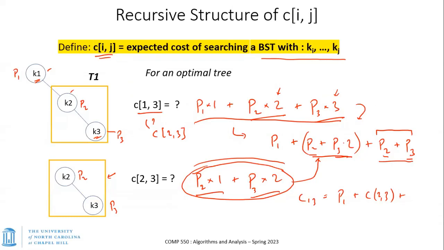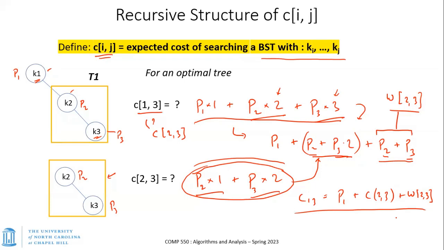So P2 plus P3 is essentially saying what is the probability that either K2, the second key, or the third key was picked. We're going to use a shorthand notation for this. This is going to be written as W2 comma 3, the weight of keys 2 and 3. So we can write this as the weight of T2 comma 3, W2 and 3.